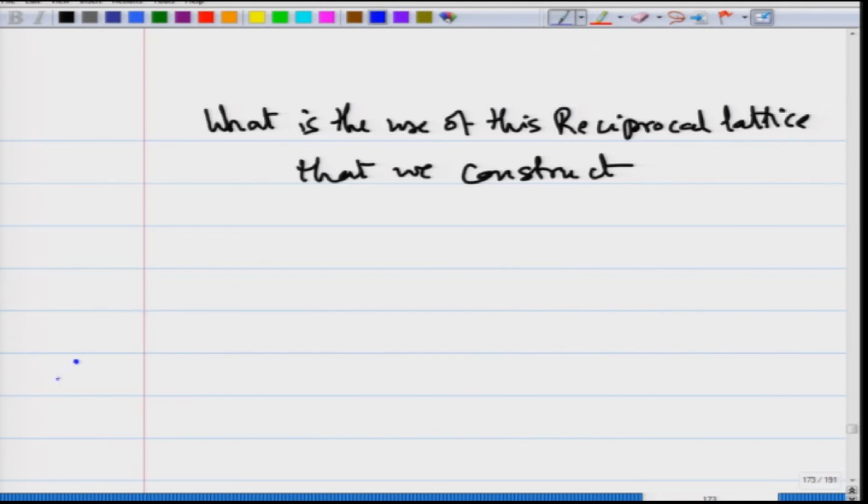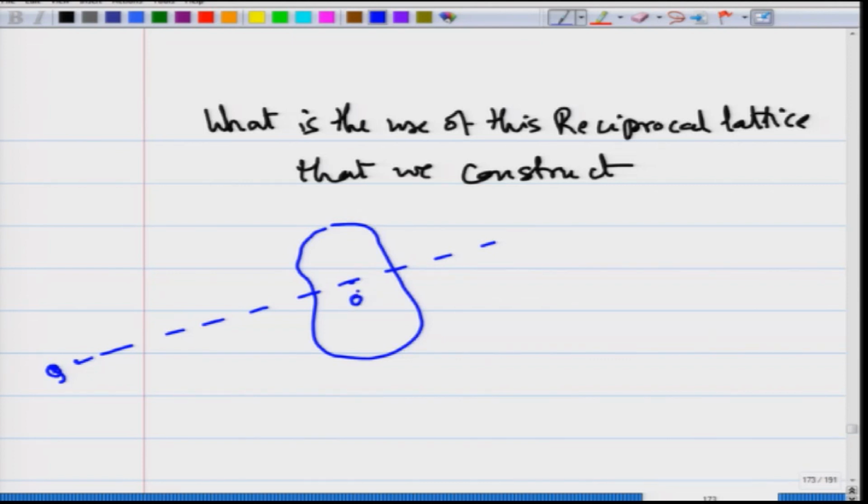You have a source Q which is very far away and you have a crystal, and we looked at the plane waves which were reaching this crystal with a wave vector k, which were reaching this point P on the crystal.